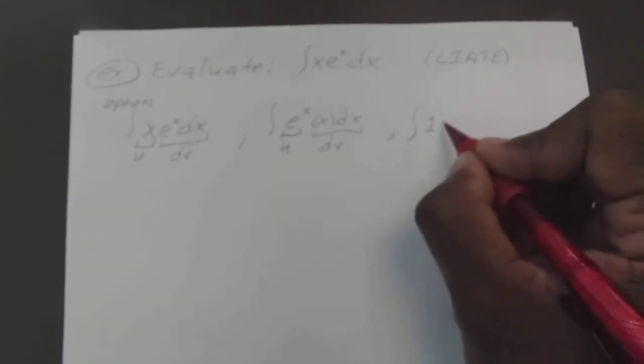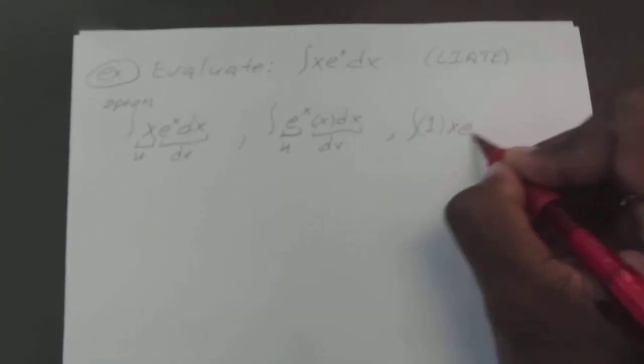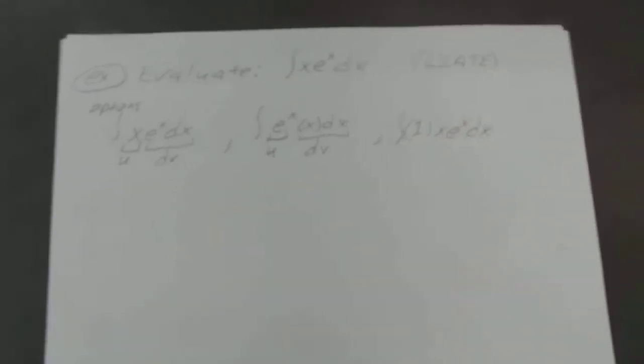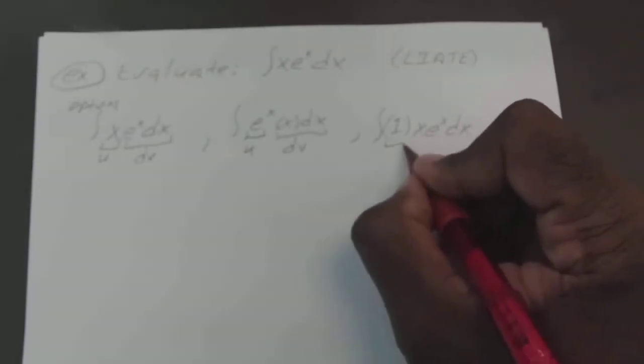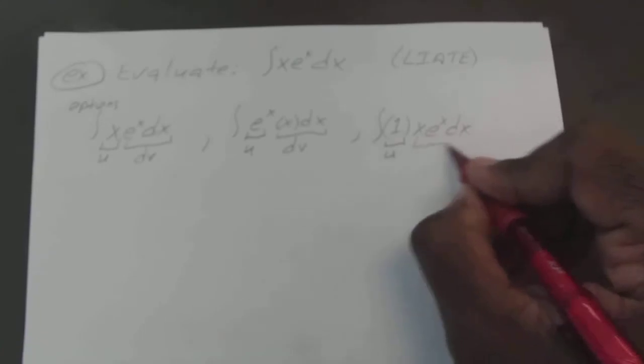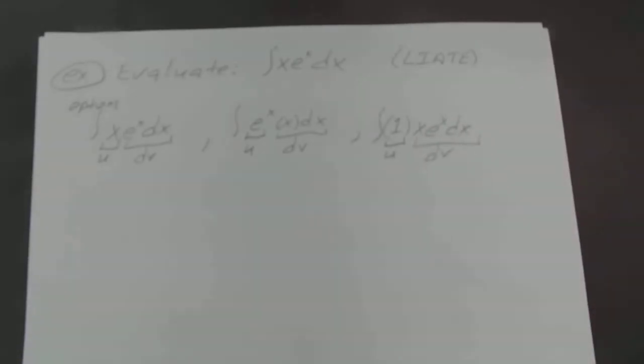Or even, you can make your u equal 1 and your dv equal x e to the x dx. There are just tons of options. That's why you want to go with this one, because if you pick the wrong one, you'll see how quickly this can build up. It'll be a lot more work if you pick the u value that kind of drags on.